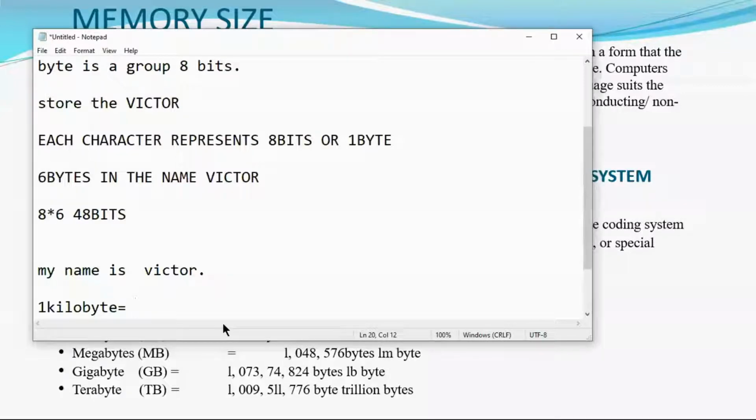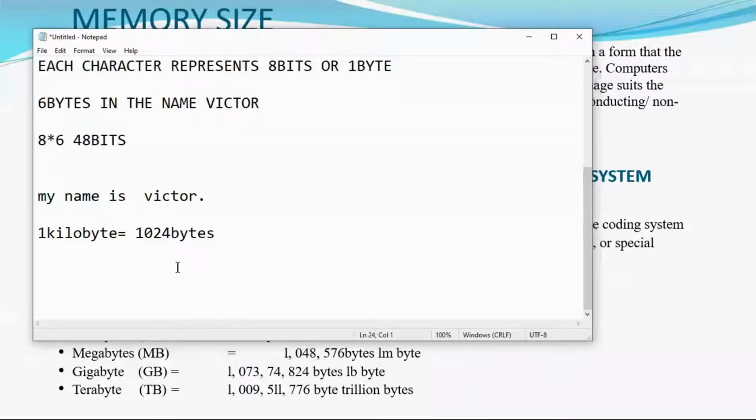In computing memory size, we have this relationship of 1 kilobyte being equivalent to 1,024 bytes. Okay, that is a very classic relationship we must understand. This relationship is what will help us convert from the number of bytes to the number of kilobytes.